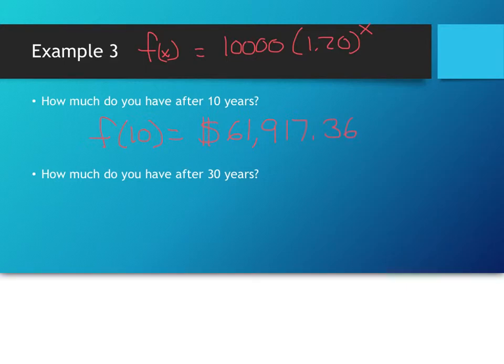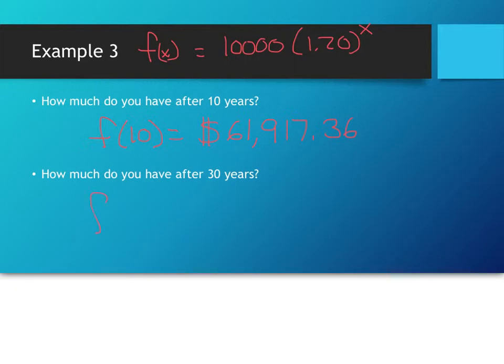I'm rounding it to two decimal places because of obviously the dollars and cents idea. So after 10 years, you'll have pretty close to what the person who added $5,000 per year made, right? After 10 years, the linear growth had about 60,000 as well, a little bit under.